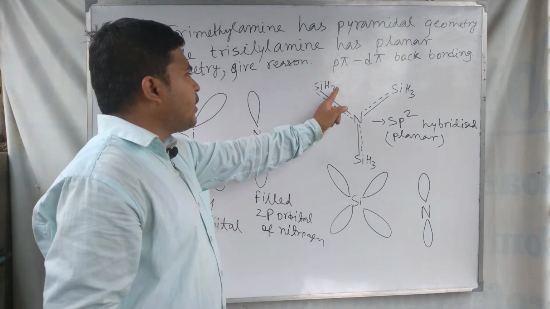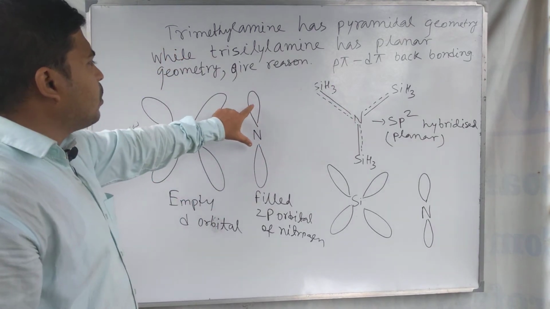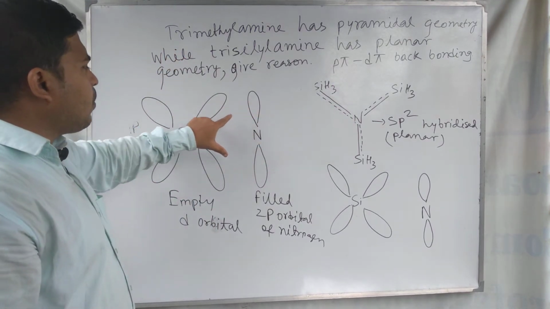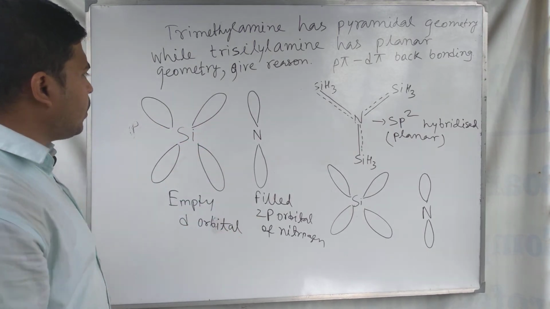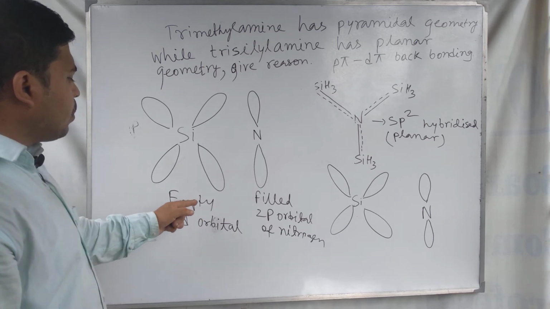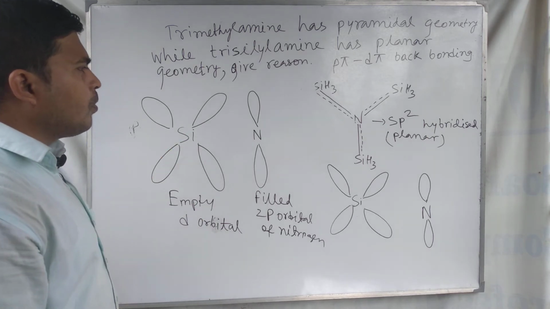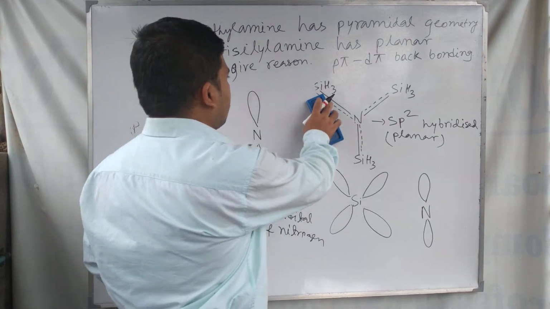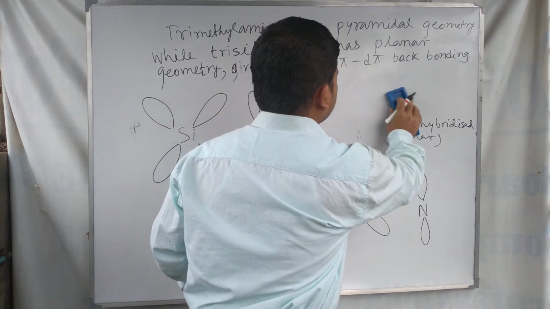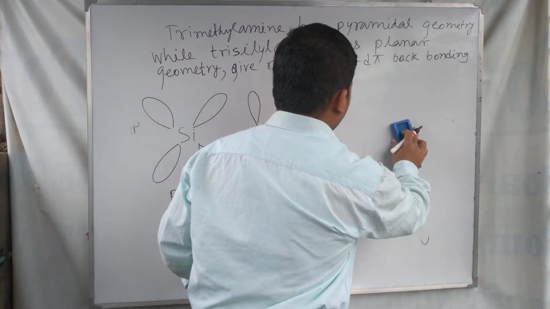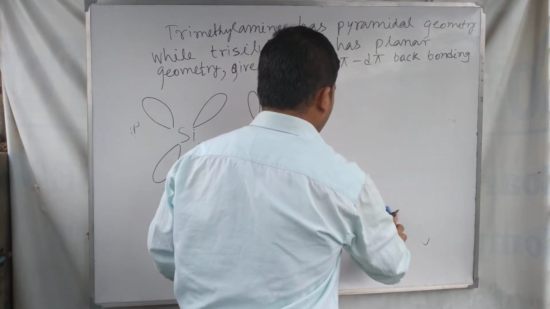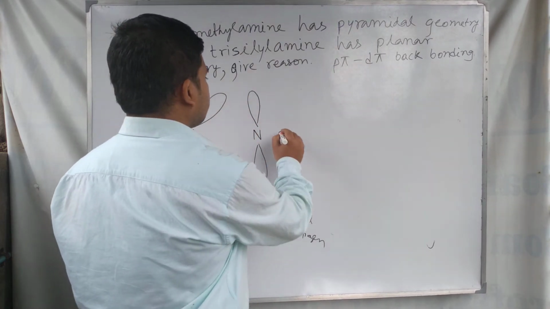So in case of trisilylamine, when back bonding occurs, a pi bond is formed between the filled 2p orbital of nitrogen and the empty d orbital of silicon. Here the unhybridized electron pair on nitrogen is donated to the empty d orbital of the silicon.